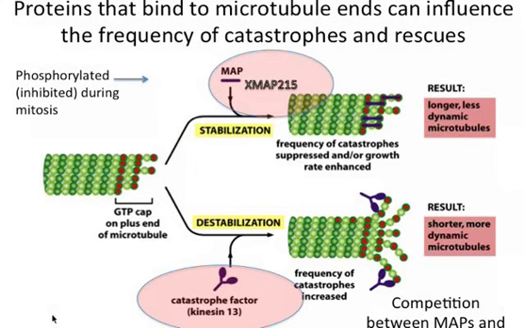If you ever use MAP on an exam, follow it with a MAP protein that does this, so I know if you're talking about stabilizing or destabilizing, because MAP is frequently used to describe all microtubule-associated proteins. So that's a good question. I warn everyone, if on the exam you just write MAP, you'll get it wrong if you don't explain what you're talking about. Now that doesn't mean you need to say XMAP215 or anything like that. Just tell me what it's doing.